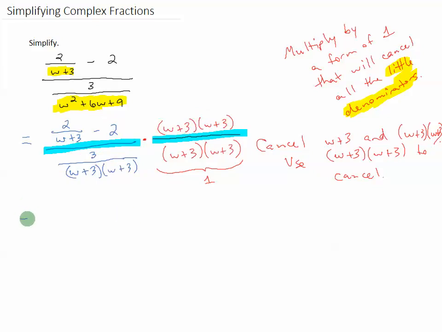So what we end up doing is taking this numerator times this guy. Well, since this minus is here, I have to distribute all of this to this fraction and to the negative 2. On the bottom, there's no distribution because I just have a fraction. So I'll take this fraction times w plus 3 times w plus 3. Okay, so on top, what we have is 2 over w plus 3 times w plus 3, w plus 3.